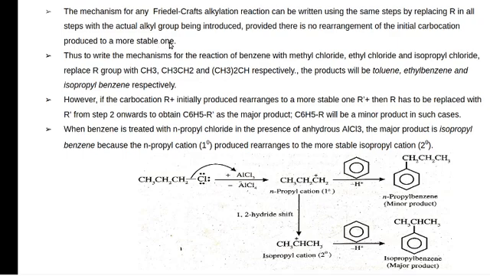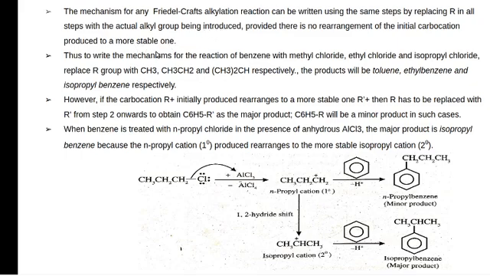So if you are asked to write the mechanism for methylation reaction, that means reaction between benzene and methyl chloride, you have to replace the alkyl group R group with CH3 group. Then you can write the mechanism of the Friedel-Crafts alkylation reaction.